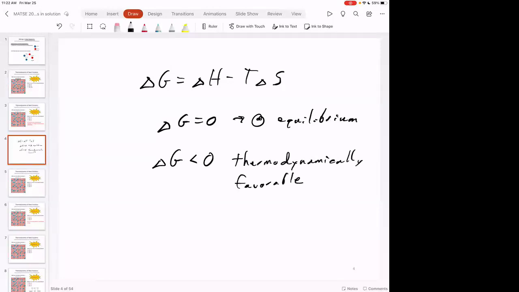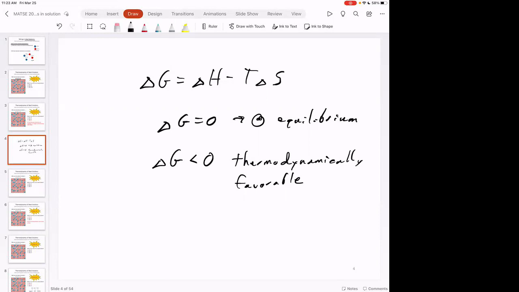The reason I don't like spontaneous, even though that's how it's taught oftentimes, is that spontaneous gives you the feeling that it just happens instantaneously. However, things that happen quickly are due to kinetics, which has nothing to do with delta G. We're talking about thermodynamics here.